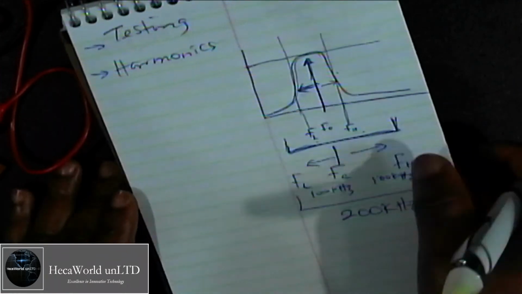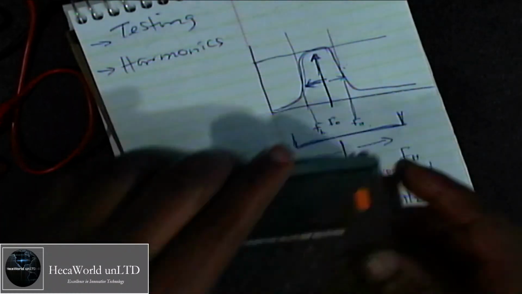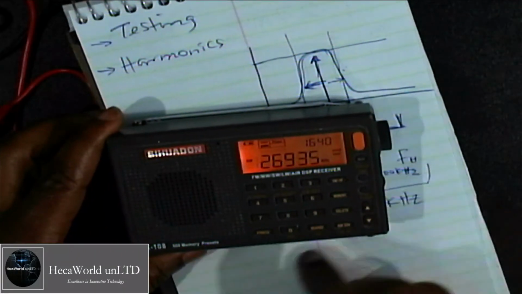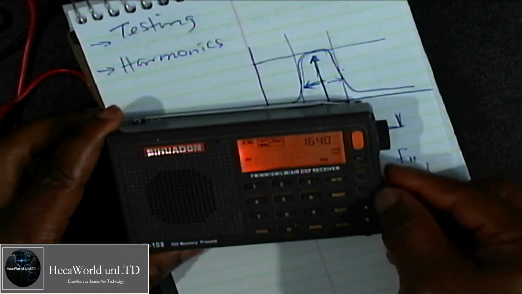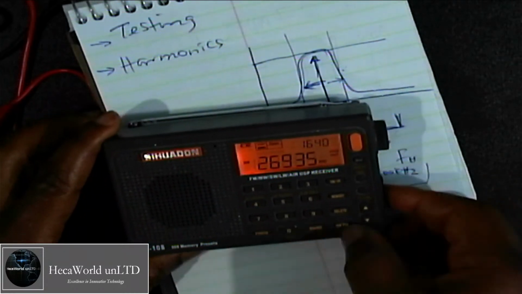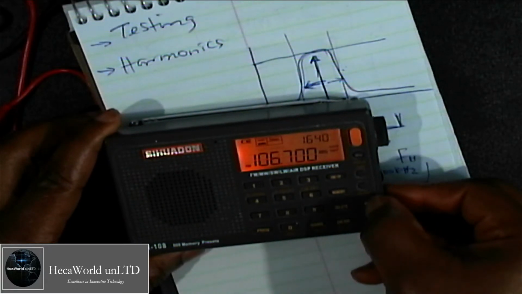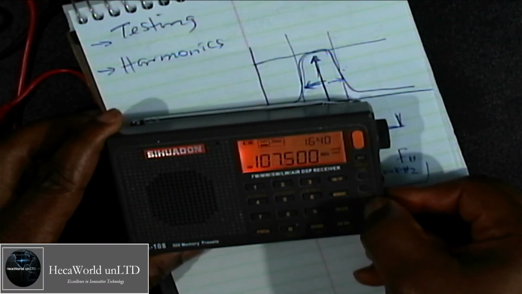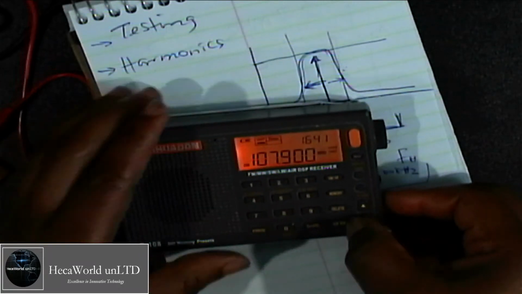So when you tune your FM radios, let's try with a real FM radio here. I'm gonna go to FM radio, and let's go band FM. Normally you will have a station at every 200 kilohertz.